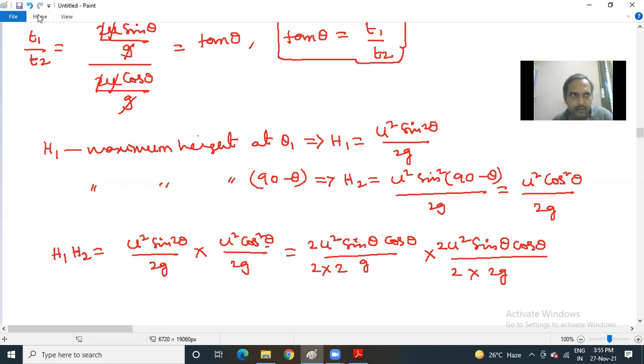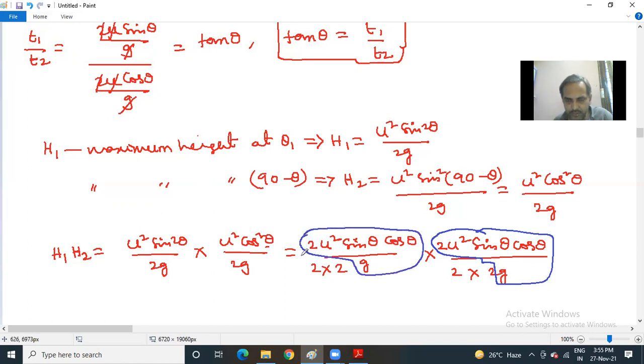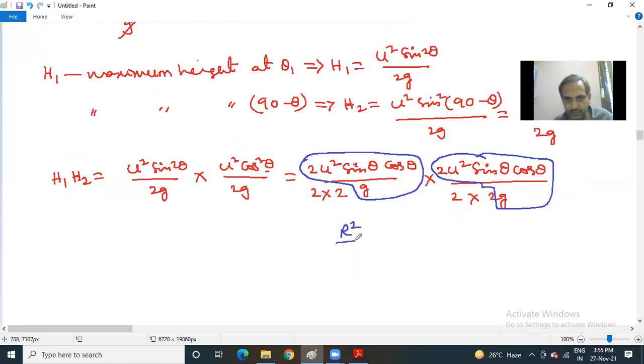Only this part will become range here. So R and R, so it will be R square by 4 into 4, 16, is equal to H1 H2.